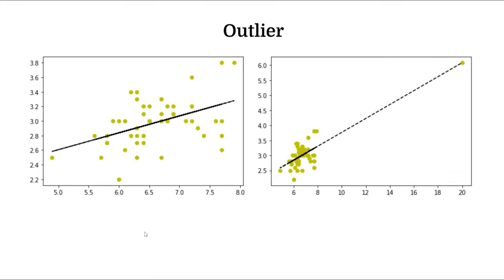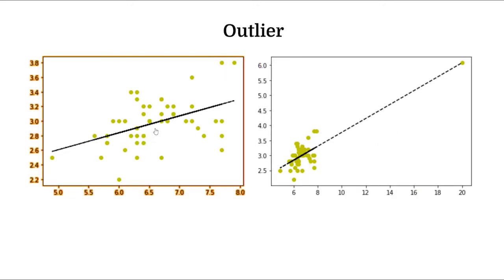Here on the left side, we have a sample dataset. It is showing the scatter plot of two of the variables. It doesn't have any extreme high value or any extreme low value. Therefore, we can say that it doesn't have any outlier. On the right side, we have the same data points, but we have added an extreme high value over here. When this extreme high value, or the outlier, is added, it changes the linear function of all the data points.